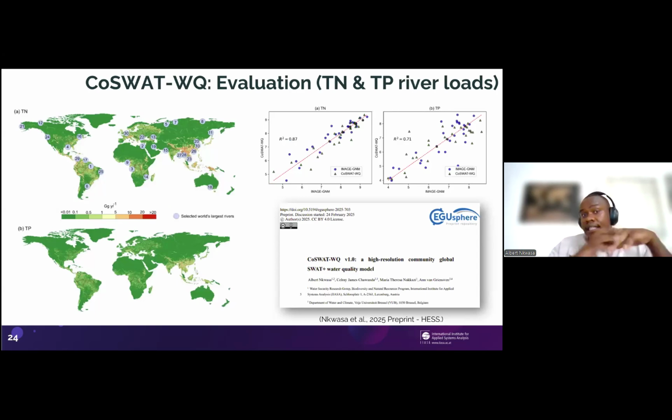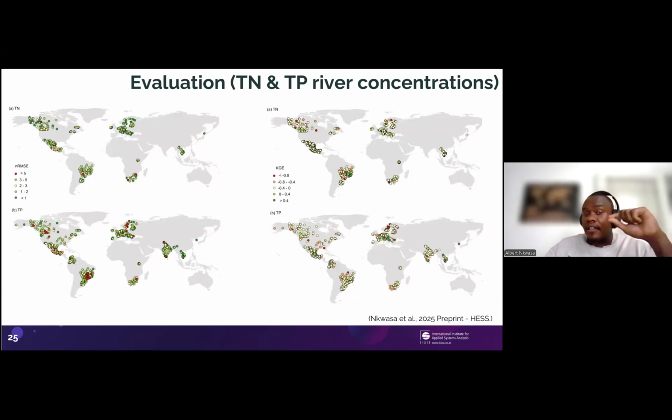When we looked at the evaluation, we compared our global model with the existing global nutrient models, and we could see a high correlation in terms of predicting the loading for the major rivers globally. We also evaluated our global model with the existing observations from the GEMStat database to see how it would perform. Here we're using the KGE and normalized root mean square error.